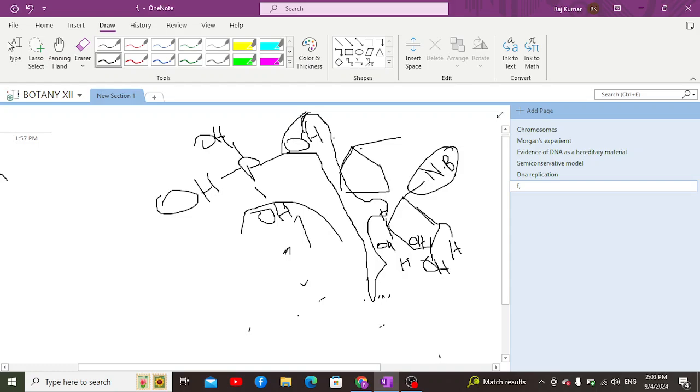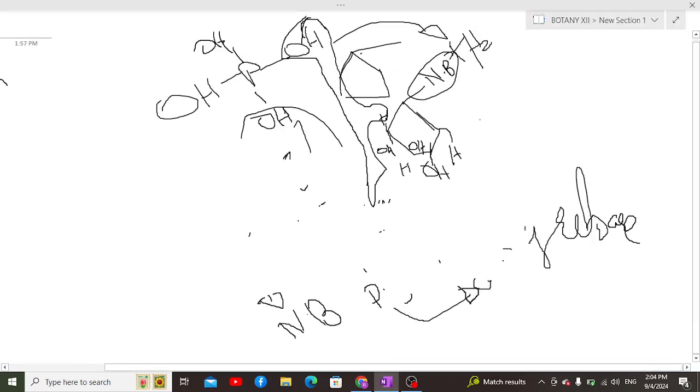A process known as condensation, or dehydration synthesis, occurs, in which this OH and H are released in the form of water, H2O, and the rest of the structure which is formed is like that. This is OH group, this is OH.